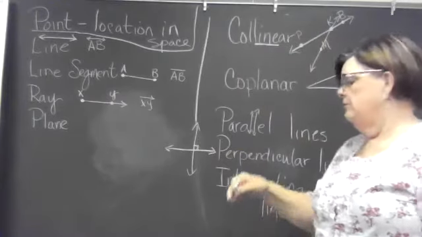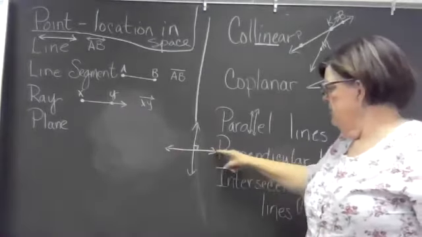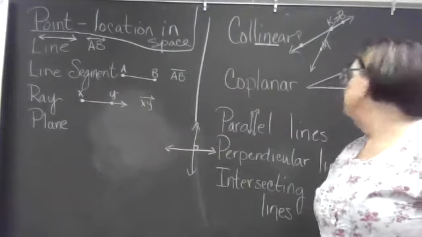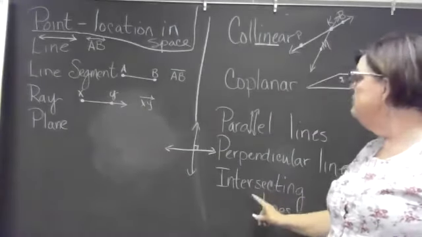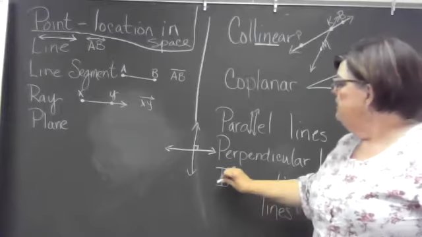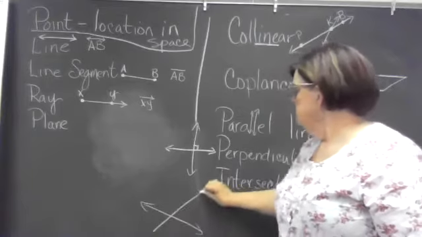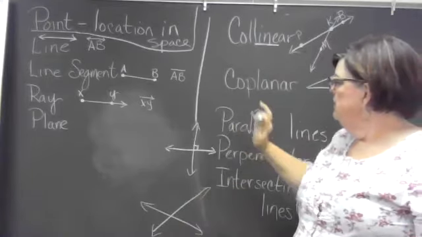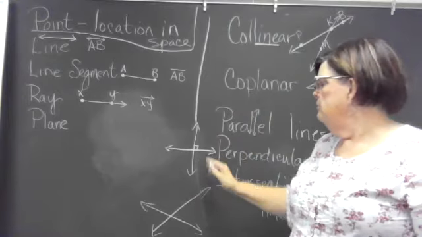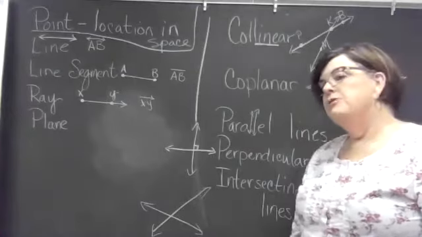But perpendicular lines intersect at a 90-degree angle. All other lines are intersecting lines if they just cross somewhere. If they're not parallel and they're not perpendicular, pretty good chance, if they're in the same plane, that they're intersecting lines.